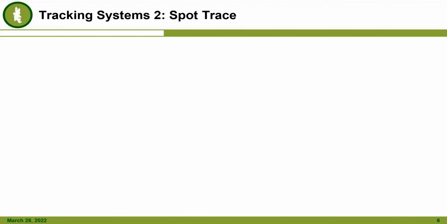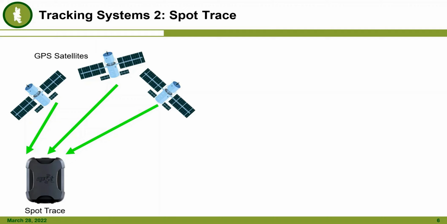All right, so our second tracking system is a commercially available off-the-shelf unit known as a Spot Trace. So what this Spot Trace unit looks like is right here. It's this little black thing. It's about the size of half of a deck of cards. And what this Spot Trace unit does is, again, it has a GPS antenna/receiver on board.